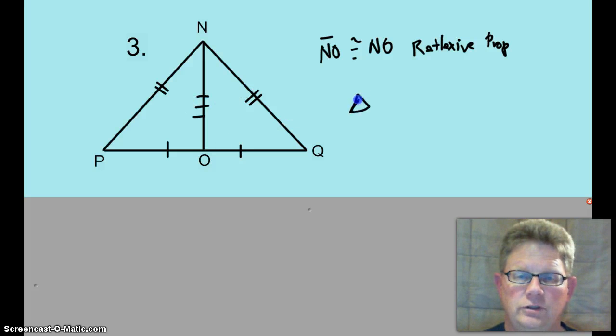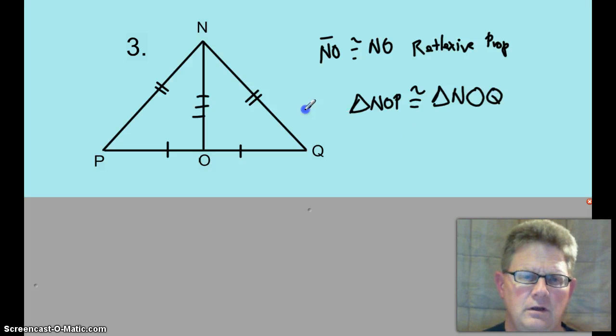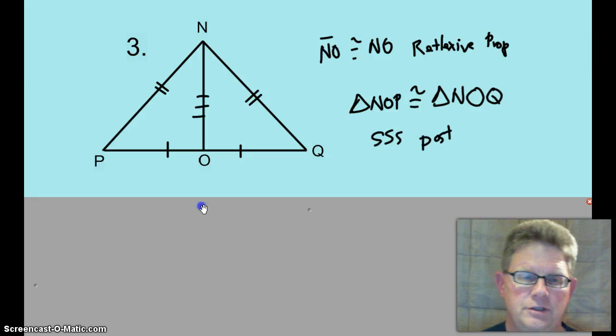So first triangle, triangle NOP, usually try to get that first one in alphabetical order. Triangle. What corresponds with the N? N. Corresponds with the O? O. And NOQ. And this again, which method? 3 sides of one, 3 sides of the other. Side, side, side postulate.